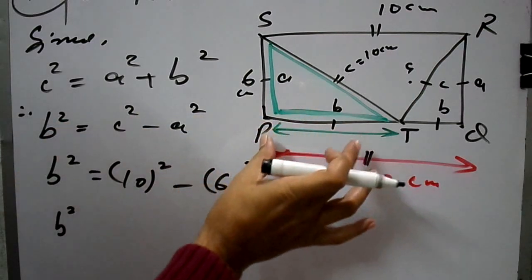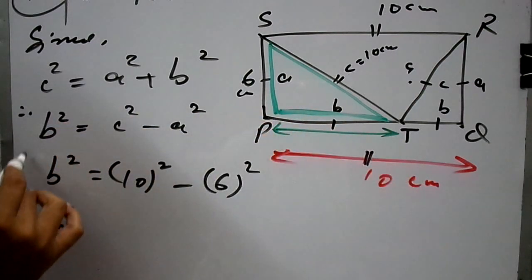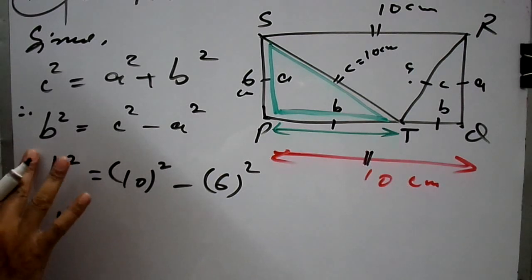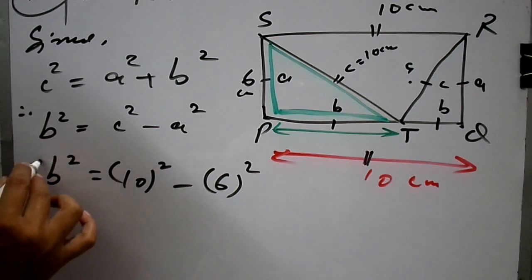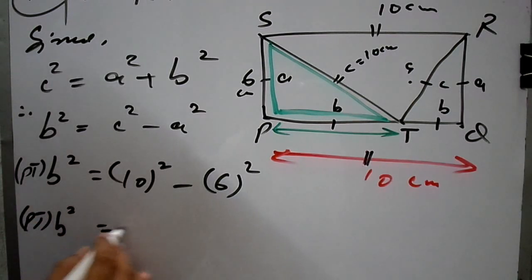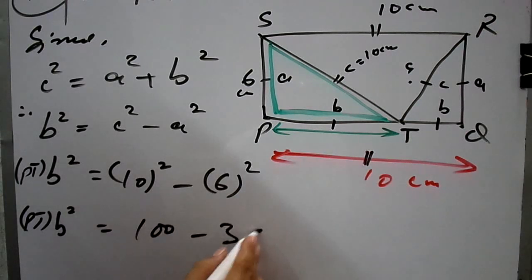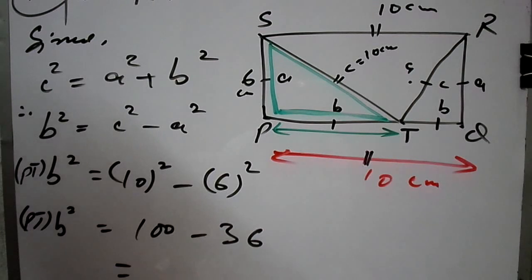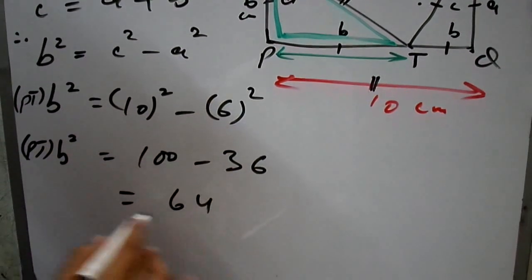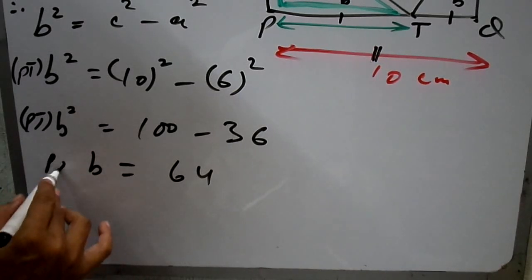B means PT. To understand in a better way, that is PT. Now 10 tens are 100, 6 sixes are 36, and you will get 64.